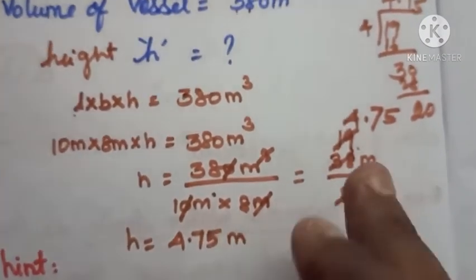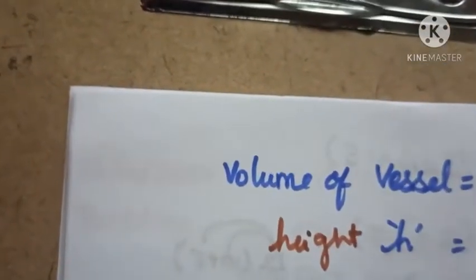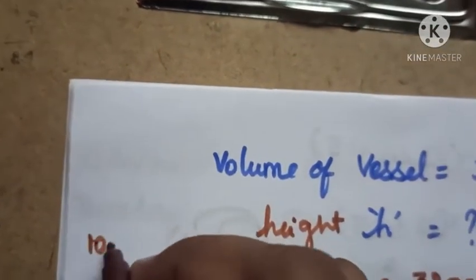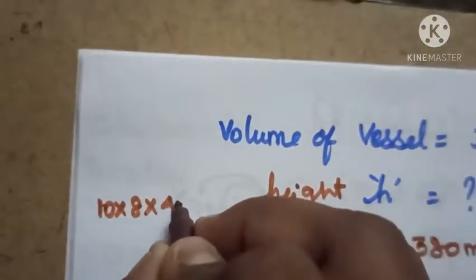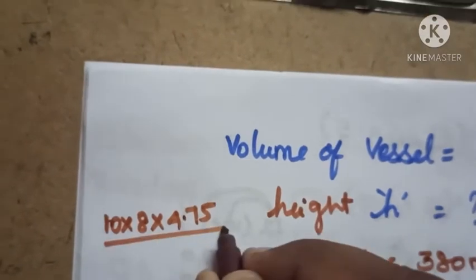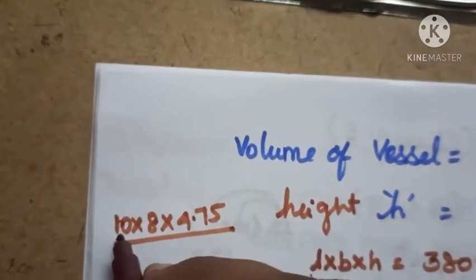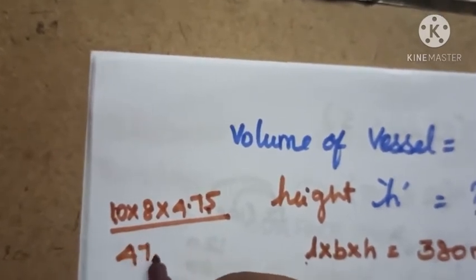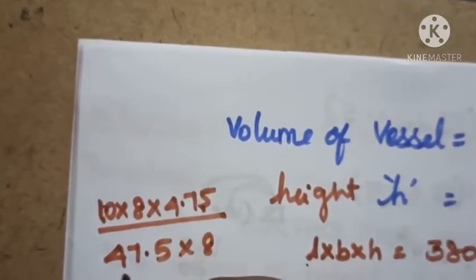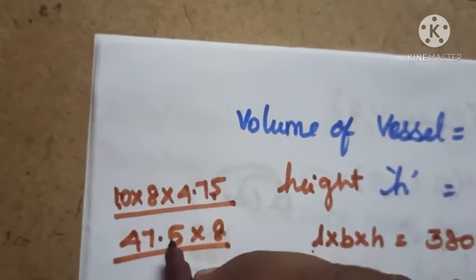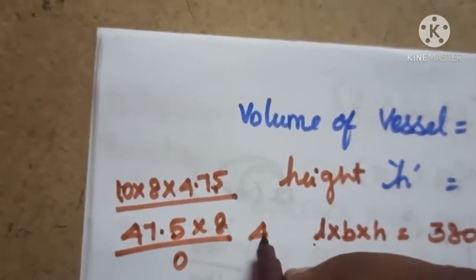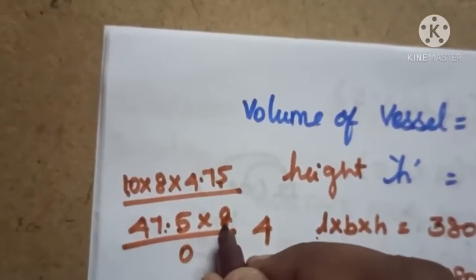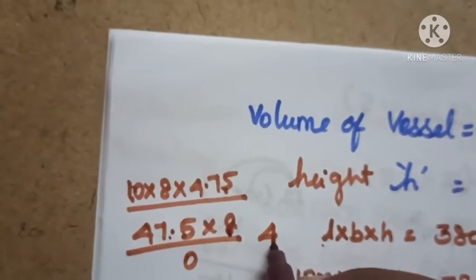Now we check with these values: 10 into 8 into 4.75. So 10 into 4.75 becomes 47.5, into 8. Now you multiply: 8 5s are 40, 0, remaining 4, and then 7 8s are 56, 56 plus 4, 60.